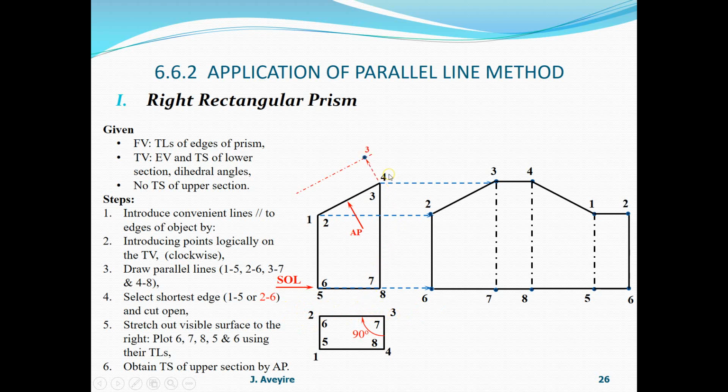Now projecting the points from here, 3 will be on 0, 2 will be on 0, and the other points will be on the positive side of it. 1 and 4 will be on the same value on the positive side. So now we have what is going to be visible, which means the true shape of the upper section will be what we have here.